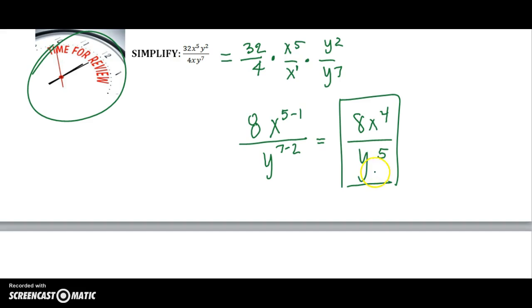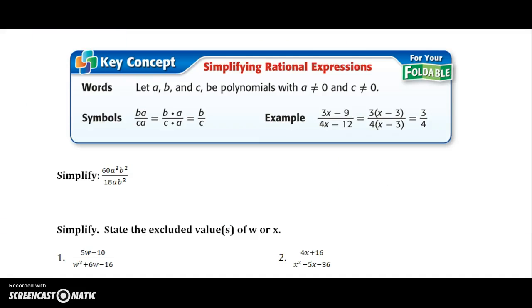Some of you could have gotten there without writing out all the steps, but I didn't want to leave anything out. So just like simplify that rational expression, we're going to be simplifying when polynomials are in our rational expression. So let a, b, and c be polynomials, but make sure that a doesn't equal 0 and that c doesn't equal 0, because if we're multiplying times 0, we've already talked about, that will not exist.